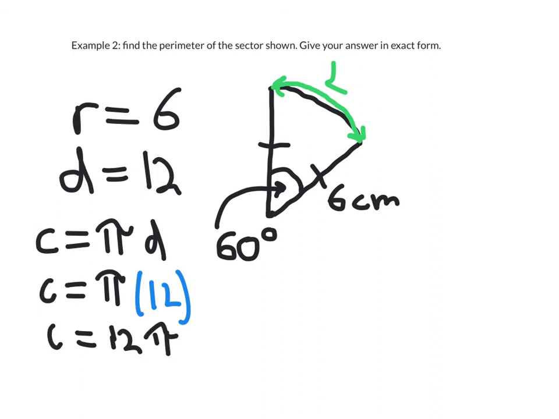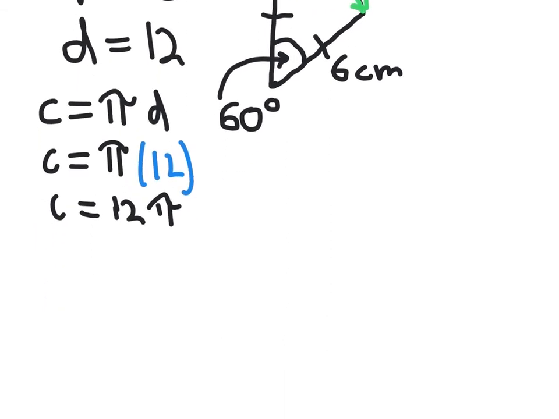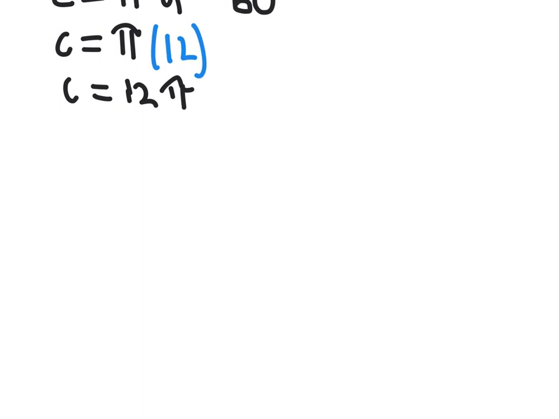So to figure out our arc length now, all we have to do is see what fraction of the circle we have. So to do that, we're going to use our angle. We're going to use the fact that the angle at the center there, we're shown that it's 60 degrees. So now to find our arc length, I'm going to write it in green because I've labelled the arc length L in green.